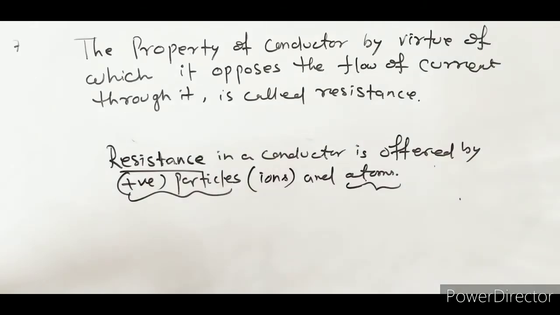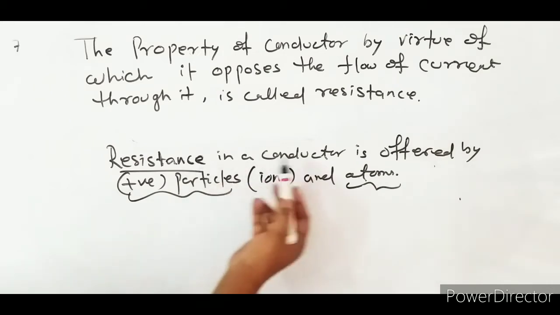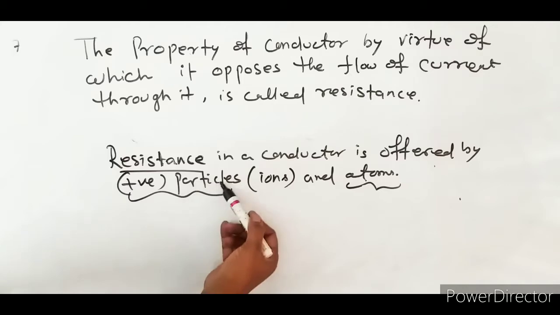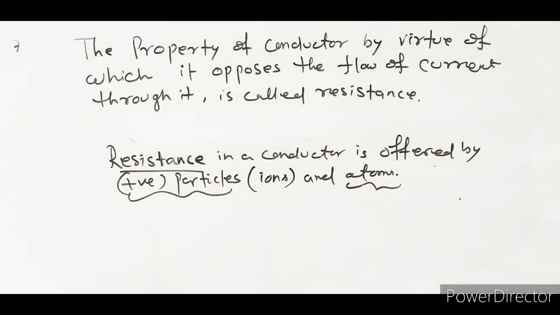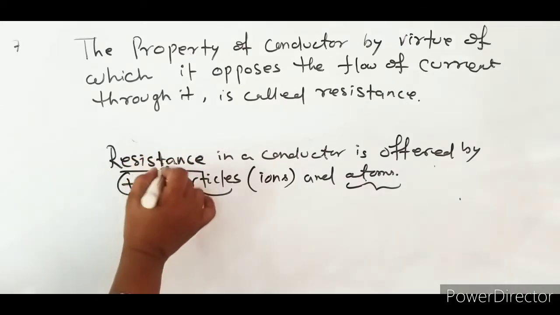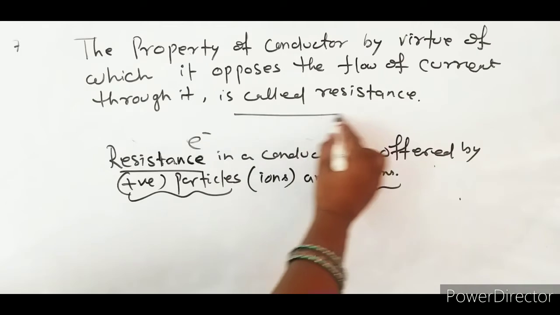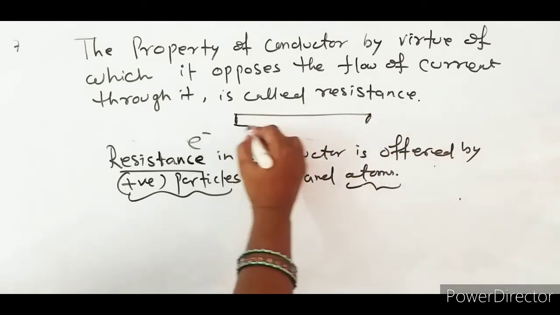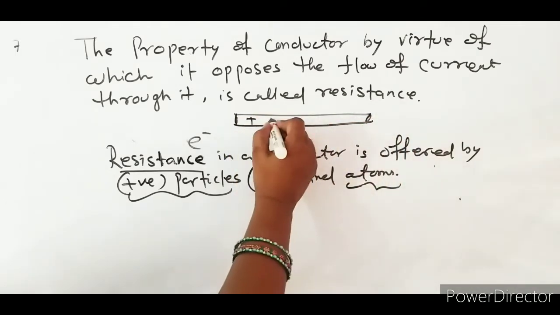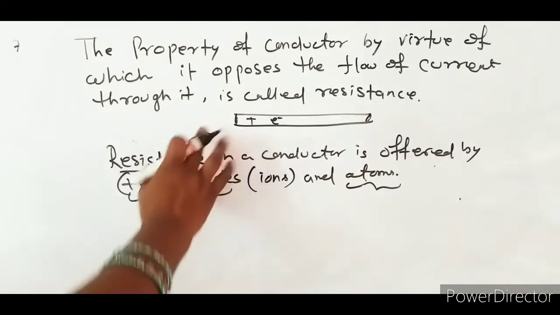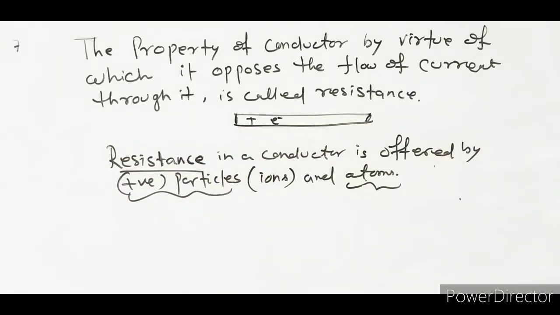Resistance in the conductor is offered by the positive charged particles and the atoms themselves. When electrons flow, they collide with these particles, so they cannot move freely in their direction.